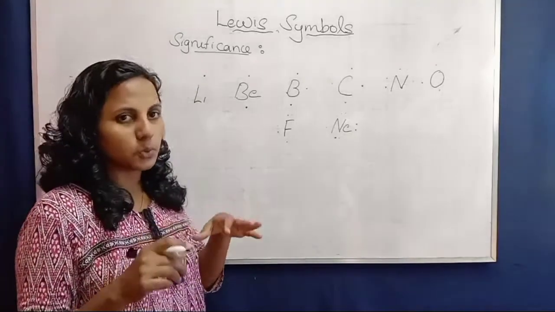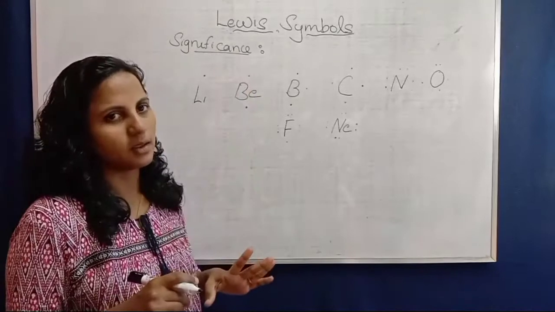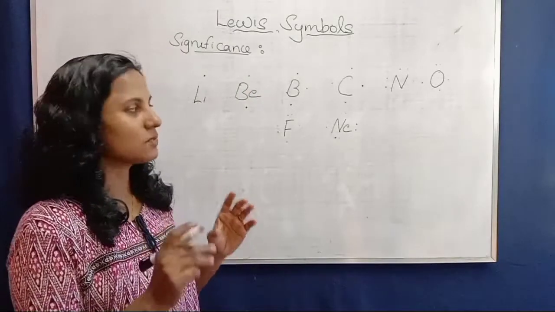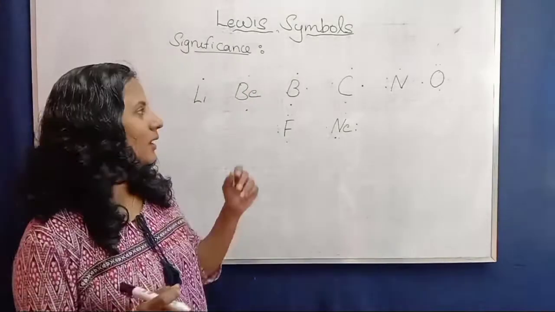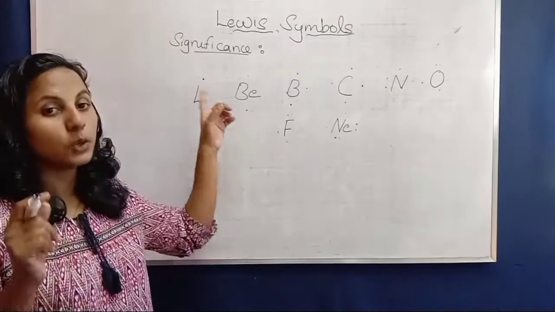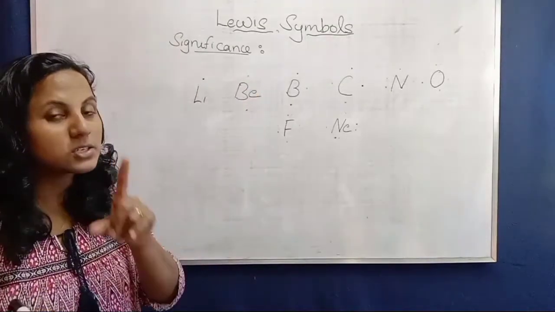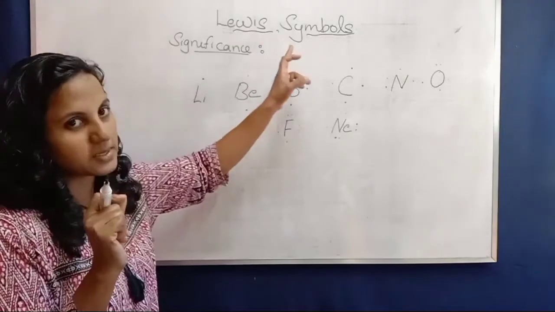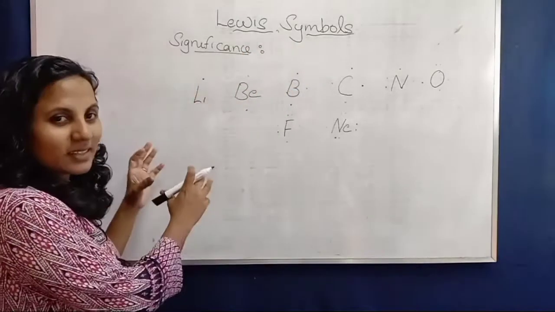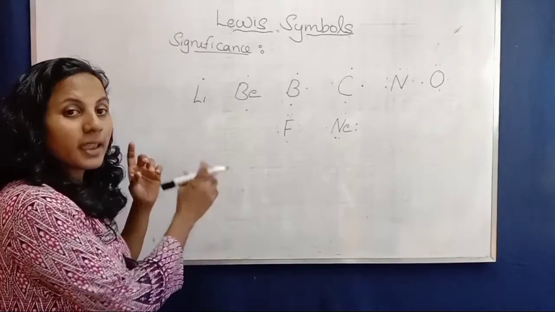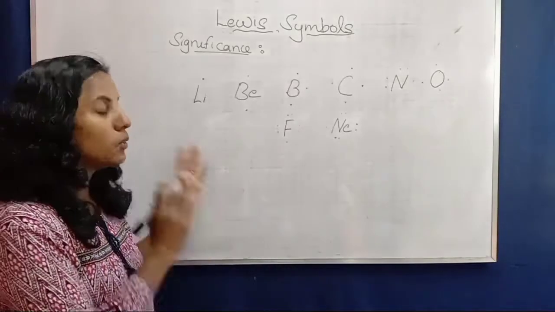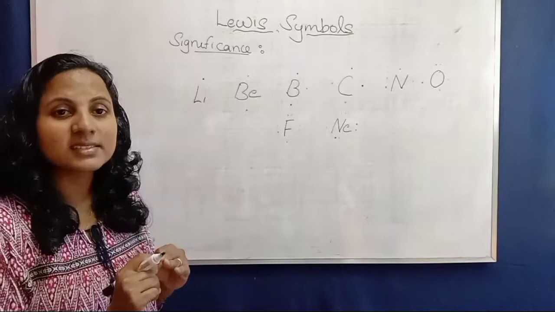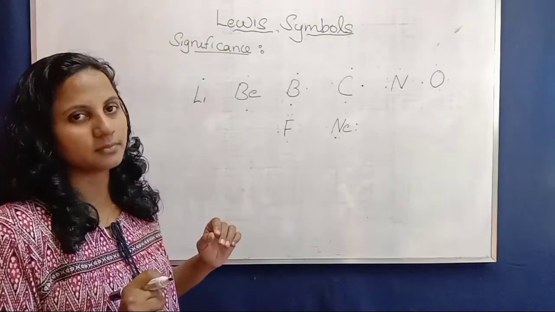Now we are going to look at the significance of the Lewis symbol. There is only one significance, which is very important. Here I have written the Lewis symbols of second row atoms. By using this Lewis symbol, we can know the valency of that atom. Understood?